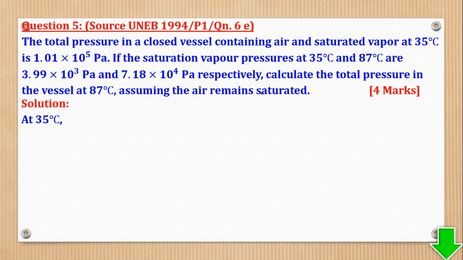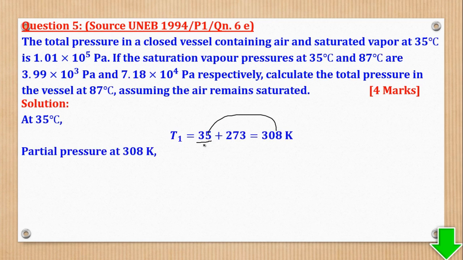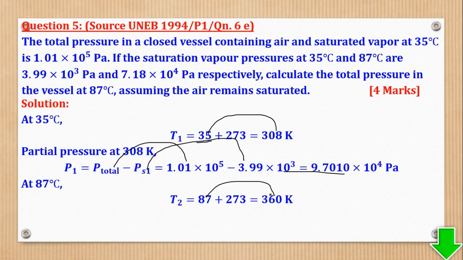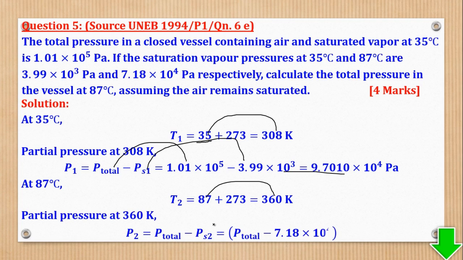So we shall first interpret that at 35 degrees Celsius, convert the 35 to Kelvin. Then also get the partial pressure, P total minus PS, to give you that. What about at 87, convert to Kelvin? Then also get the partial pressure at that temperature, which is that.